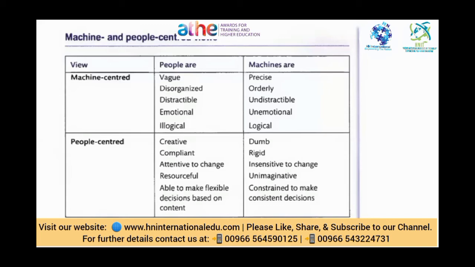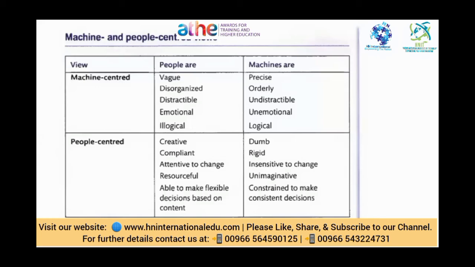Whatever resource is given to us, we try to get greater output from it. And we are able to make flexible decisions based on context. For example, today you ran out of petrol or gas, and maybe the next day you slip on the floor. Obviously those two situations need different approaches and different decisions.